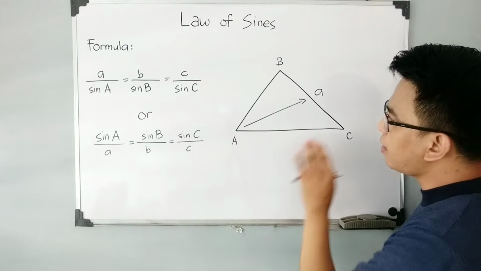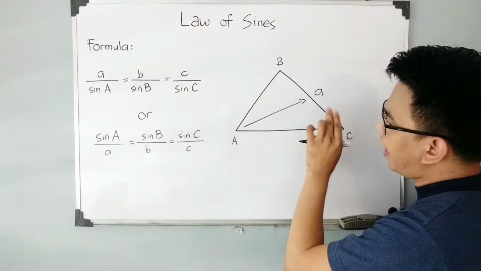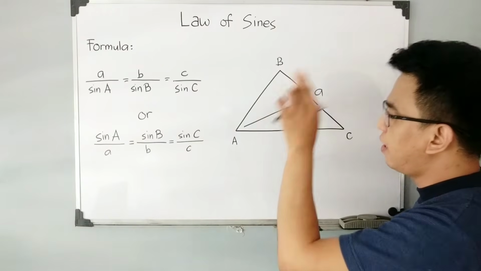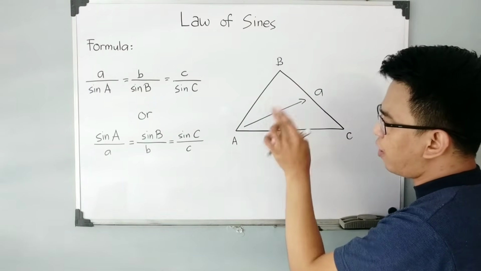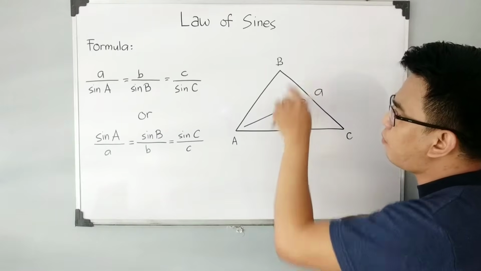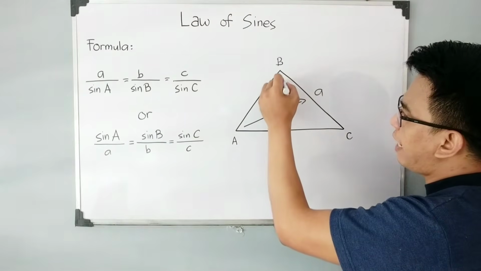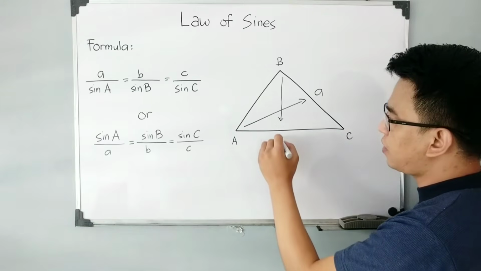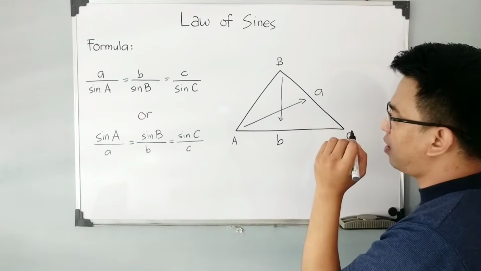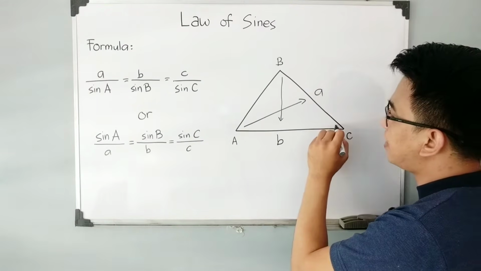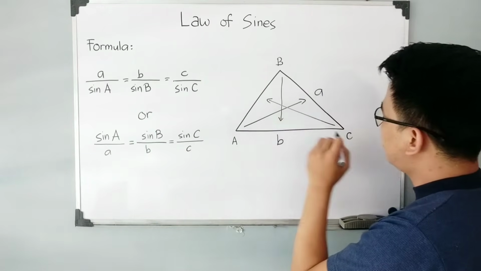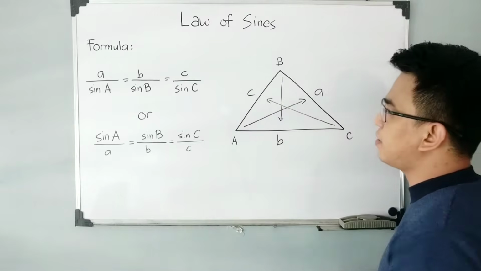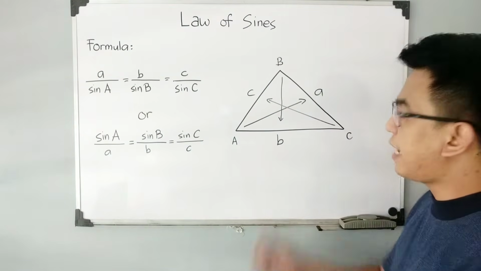Again, side a is opposite to your angle A. Same with angle B. Your side b is the side opposite to your angle B. So this is your side b. And lastly, for side c, this is your angle C. The side opposite to your angle C is definitely side c.